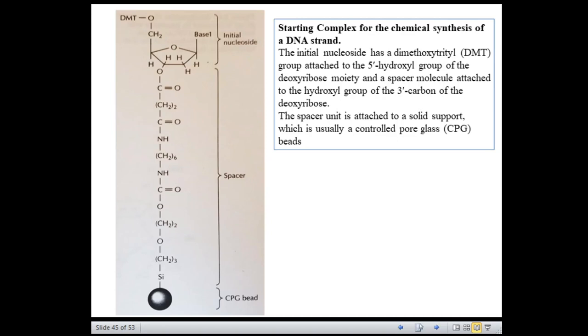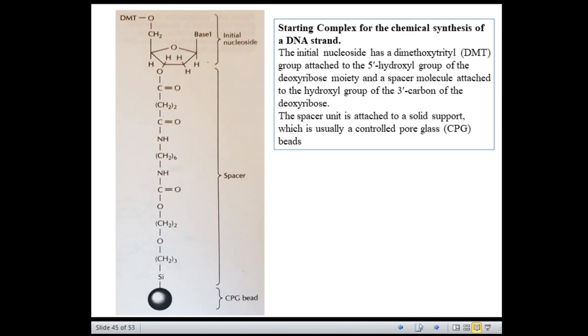So what happens during the reaction? The first nucleoside, which will be the 3' terminal nucleotide of the synthesized strand, is attached to a spacer molecule by its 3' terminus, and the spacer molecule is covalently attached to the support material. As you can see in the figure, we have the CPG bead and then a spacer molecule.